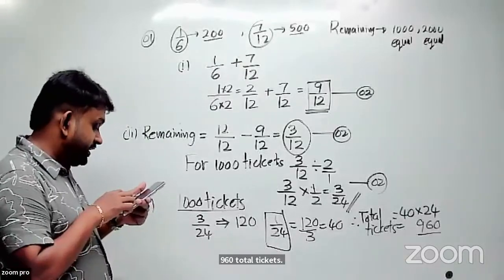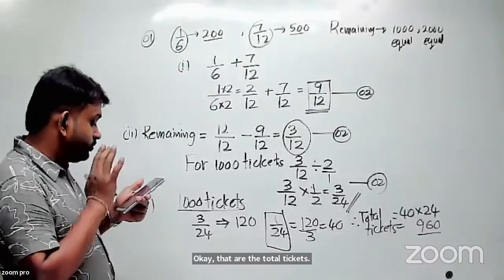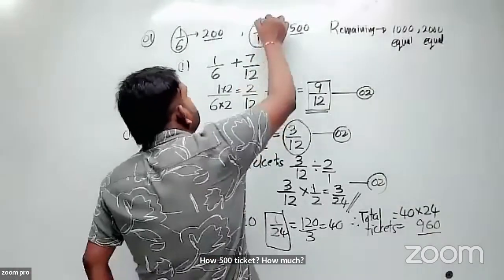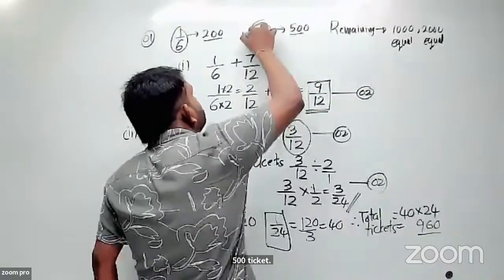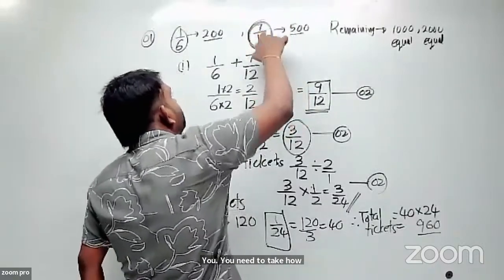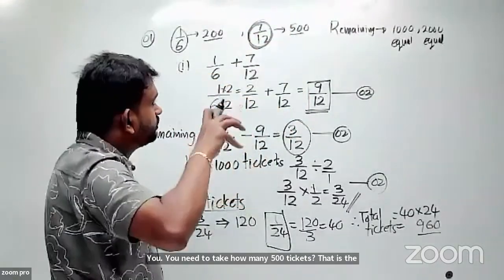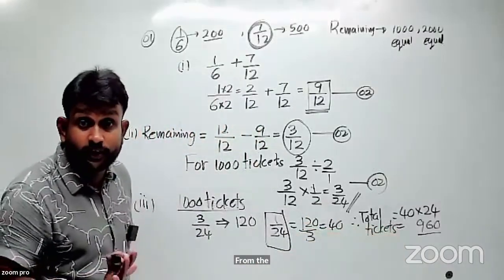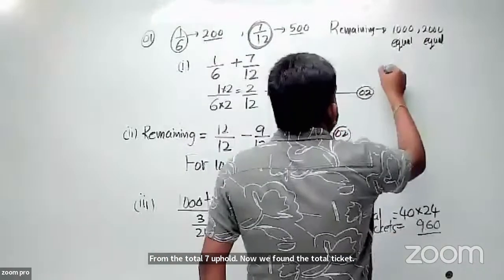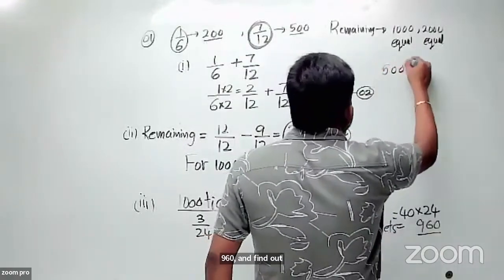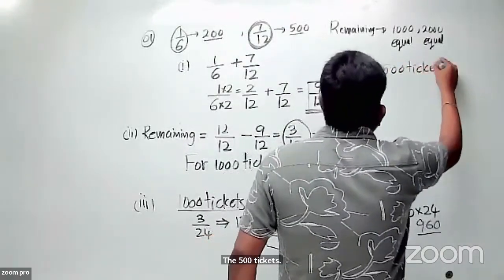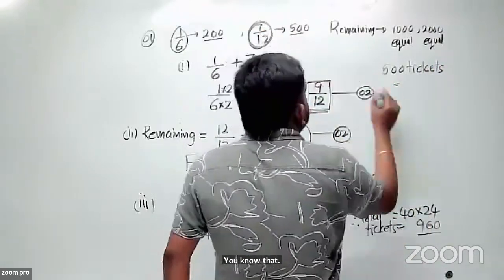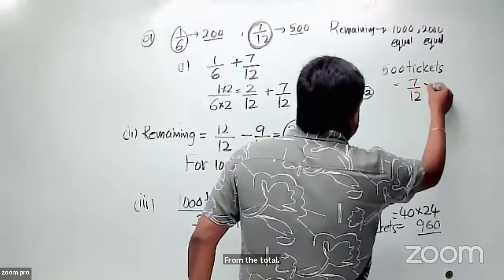So now how many 500 tickets? You need to take the fraction 7 upon 12 of the total.